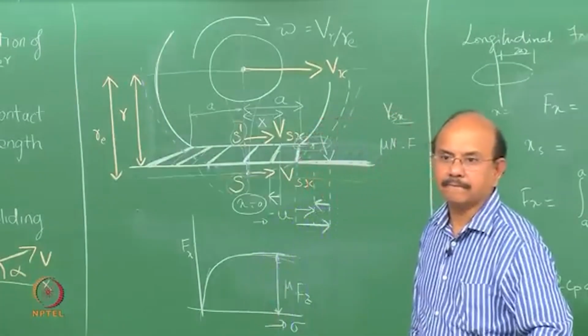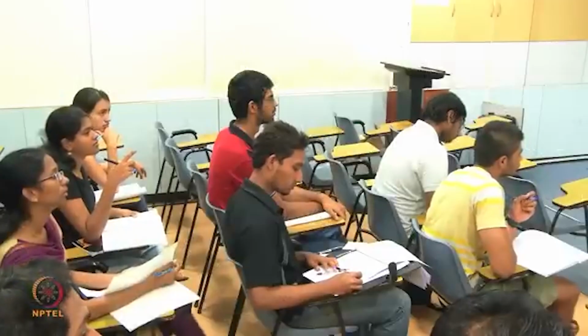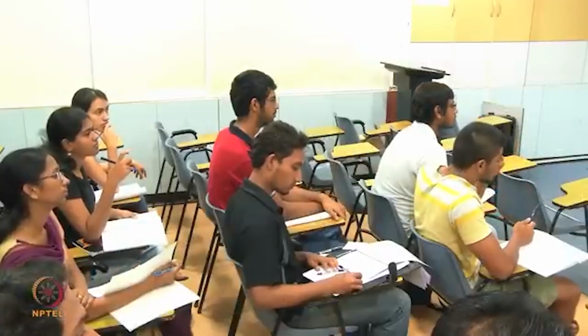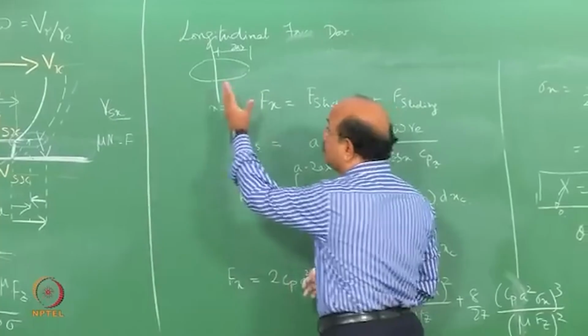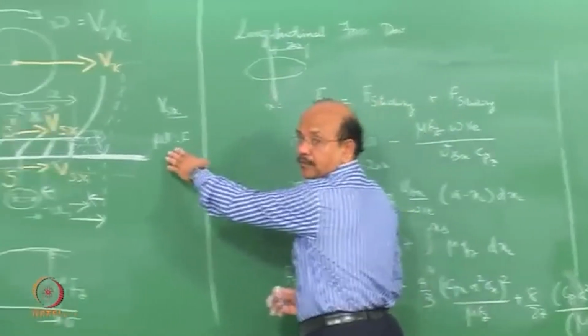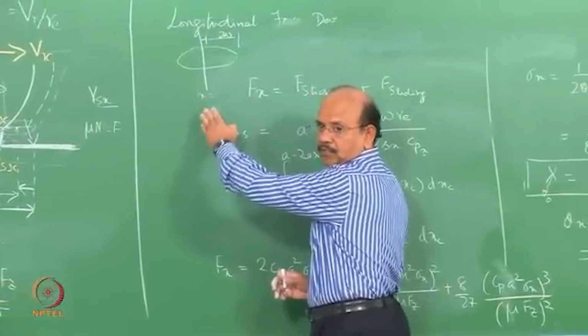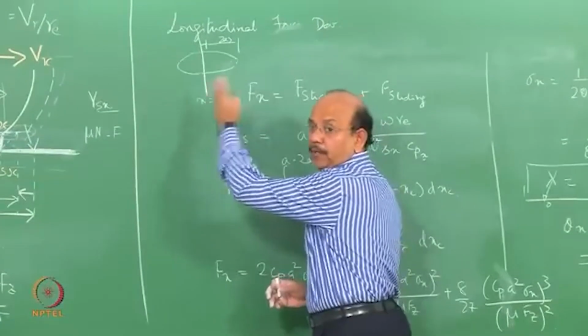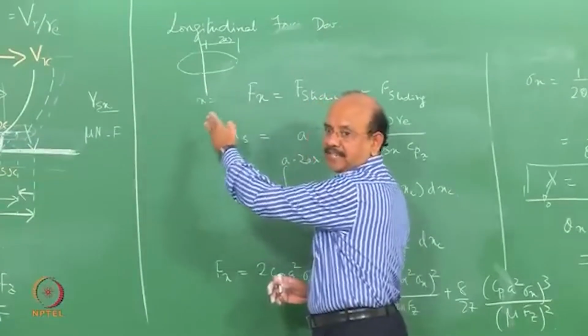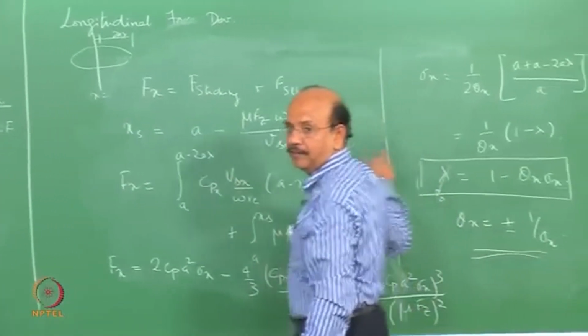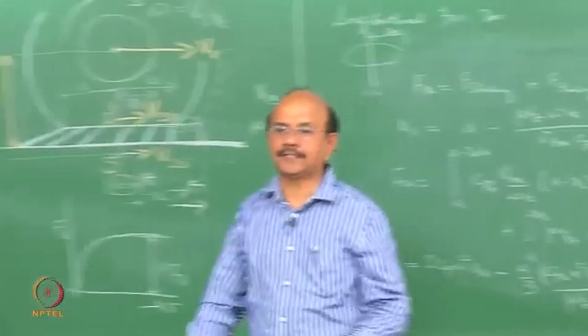The same derivation for both sticking and sliding, right? No, sticking is a portion which is before. What we said is when it reaches mu multiplied by this quantity Qz, when it is equal to Qx, it slides. That is the point by which we found out lambda or xs.